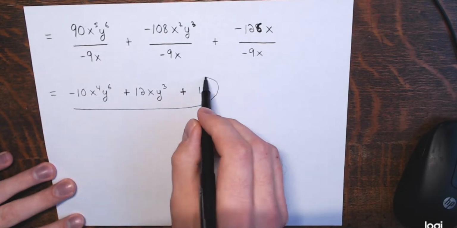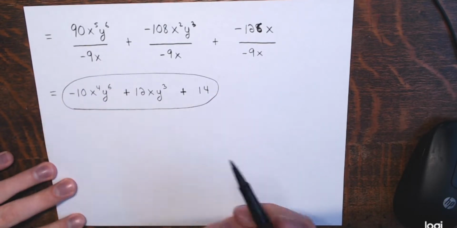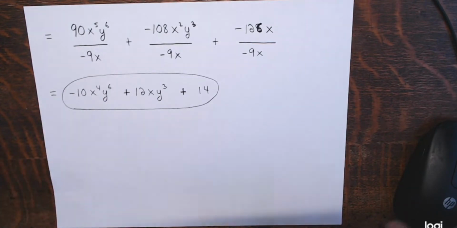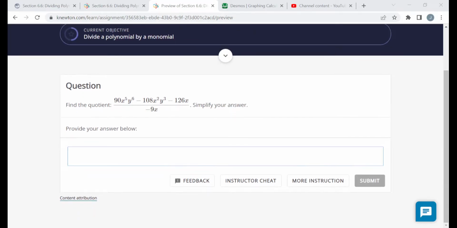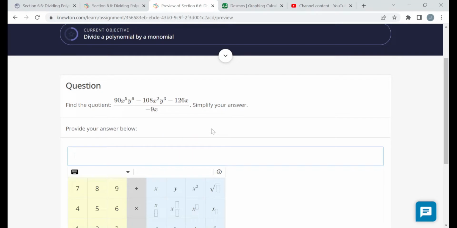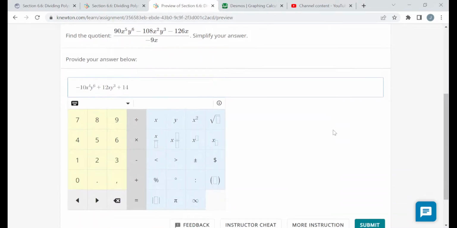And none of these terms are like terms, so I can't combine anything. That's it. Very simple, in my opinion, this assignment. So we have negative 10 x to the fourth y to the sixth for the first term, plus 12 xy cubed for the second term, and then plus 14 for that third term. And that should be good.